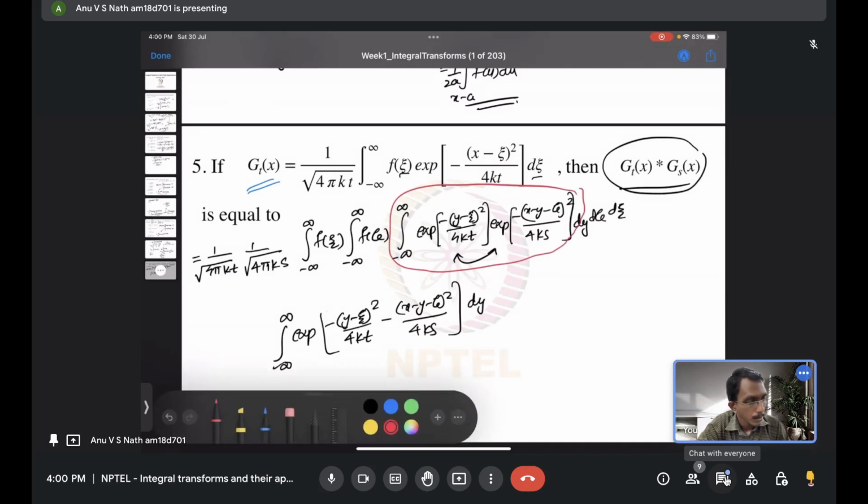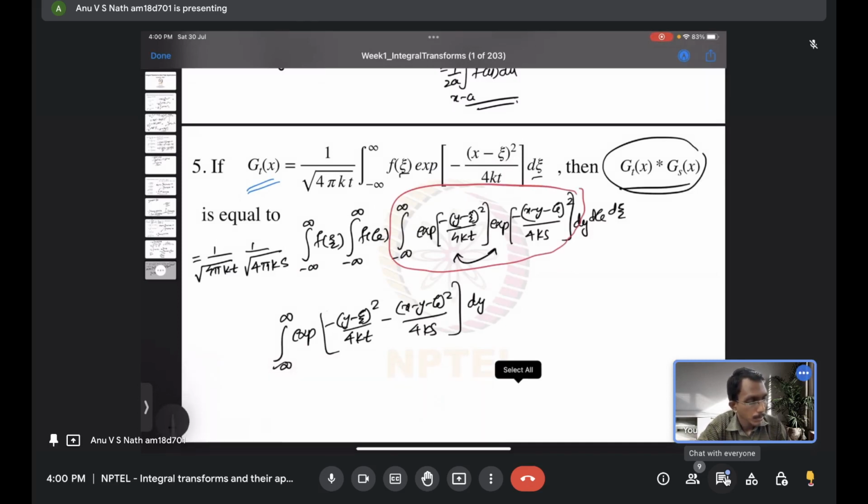What you have to do is expand all these square terms and group the y square terms, because it's (a minus b) the whole square, right? So you will get y square times something, then plus y times something, plus some constant terms. Like that you will get whatever is inside the exponential.